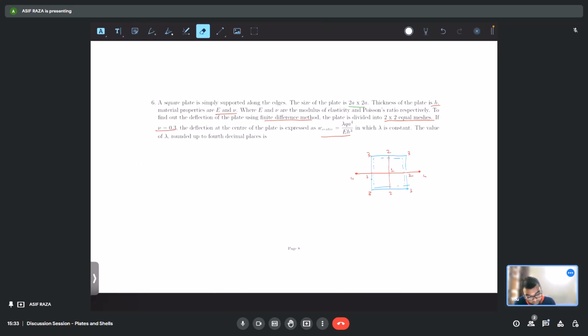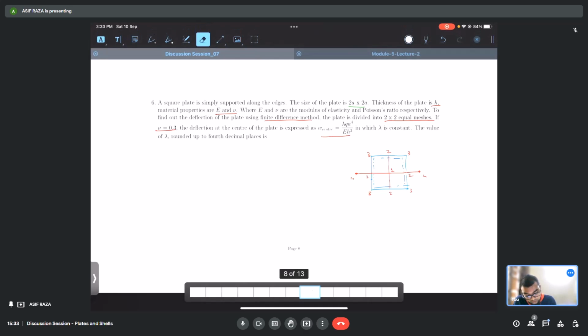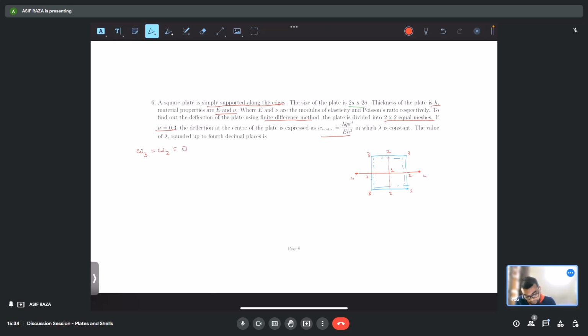So we have simply supported boundary condition along all edges, so that will give me displacement values w3, w2 equal to 0, as it is simply supported. We have Mx at the point 2.